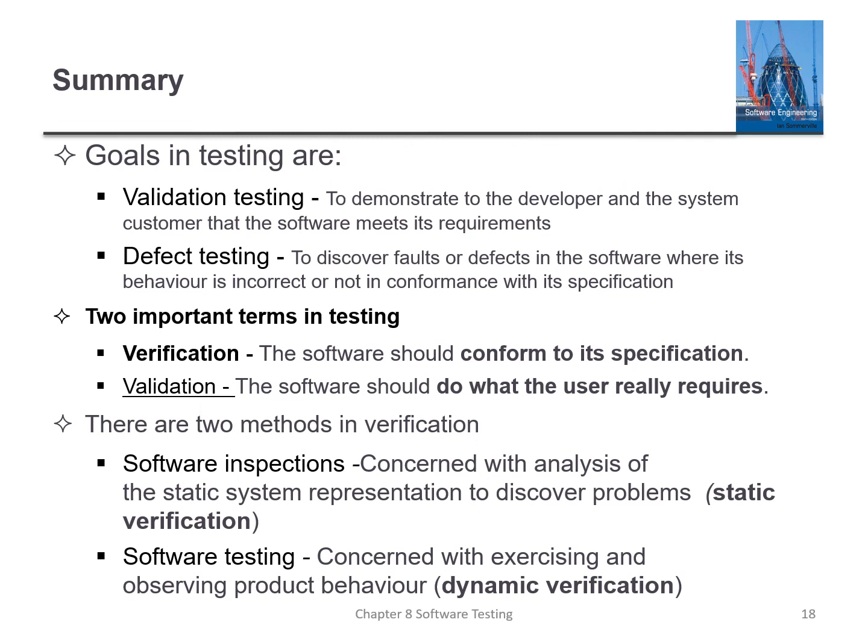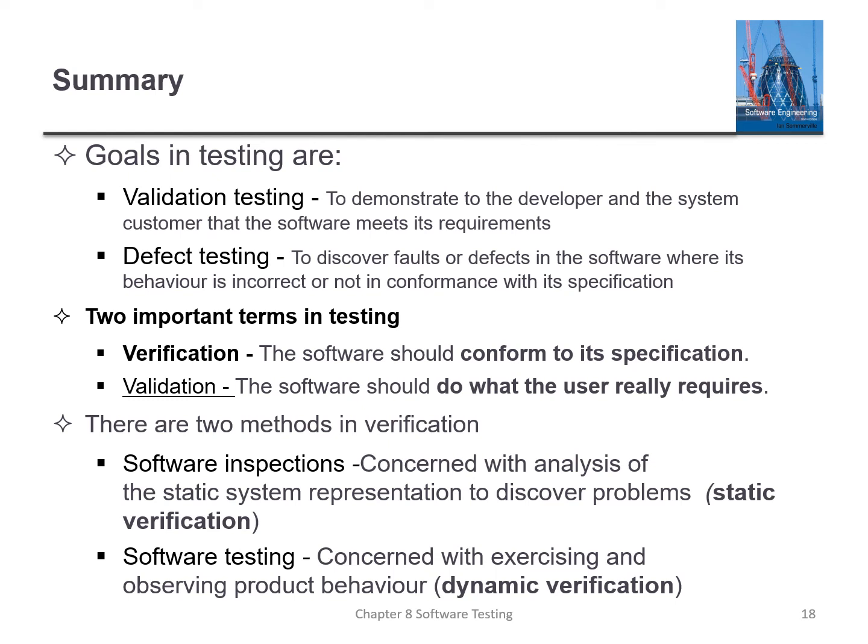Right, and two important terms that we have covered are verification and validation. Make sure that these terms are not confused. Verification is basically to check that the system conforms to its specification.